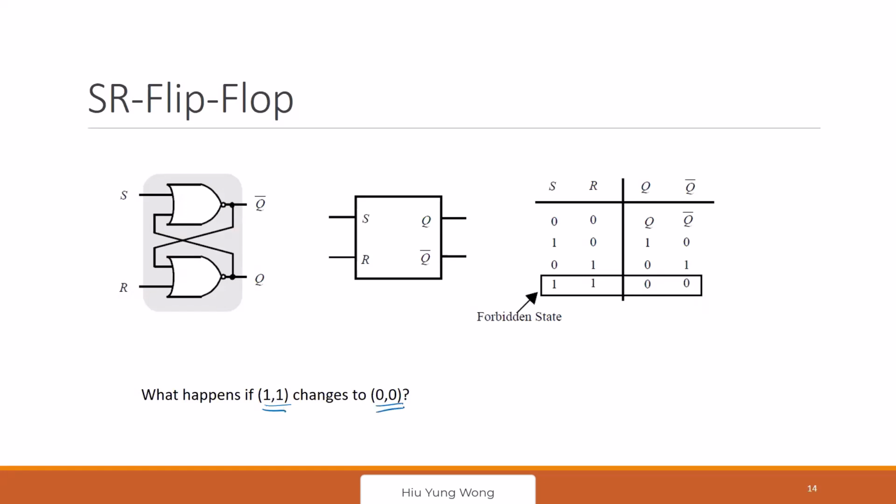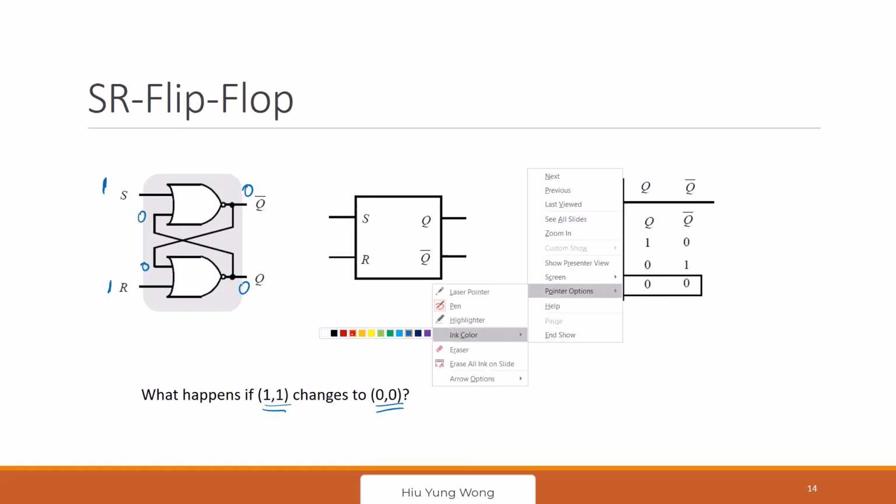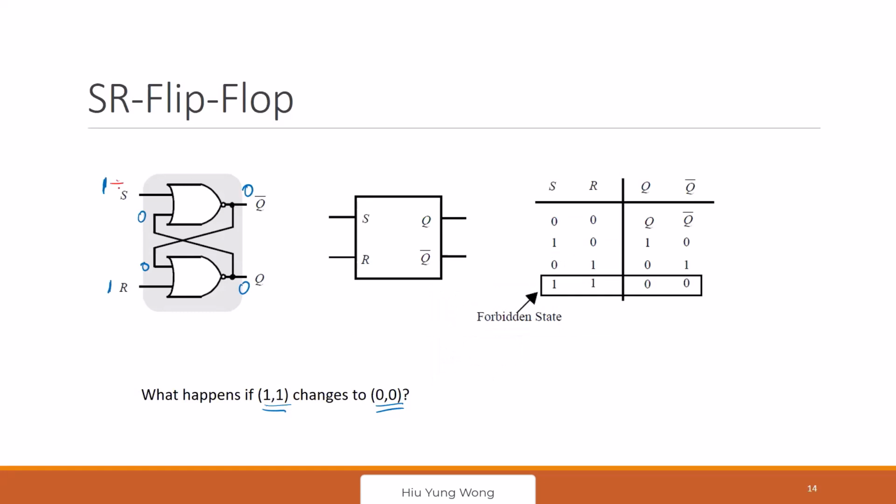You will have a problem, okay? This was the original state, right? We say this is forbidden, we should not have this. But the real reason is when you go from 1, 1 to 0, 0.